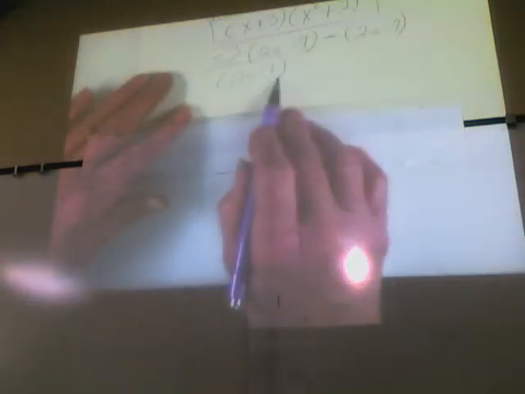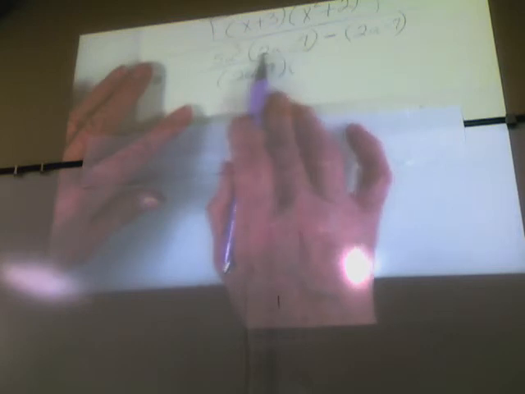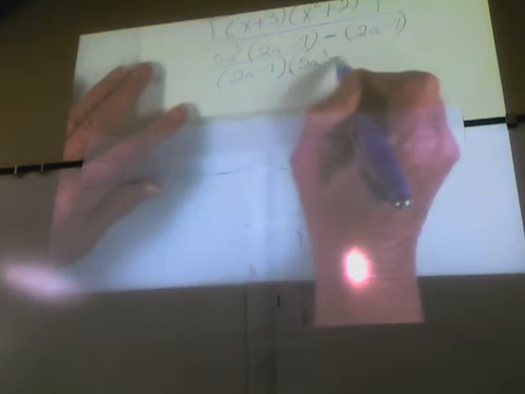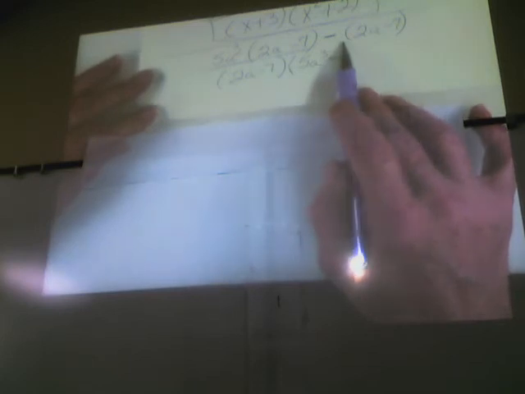Okay, to get the first term here, what was it multiplied by? This was multiplied by 5a to the 3rd power, right? So we have 5a to the 3rd power. We need the minus. What was it multiplied by here? 1. If there's no number there, it's a 1. Okay, so it's 1.